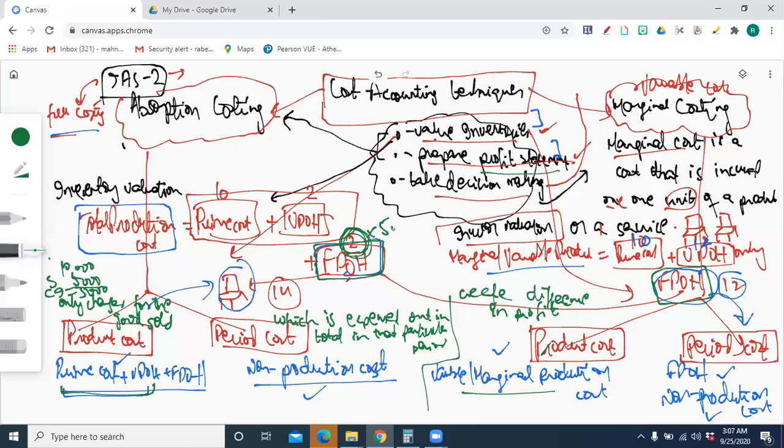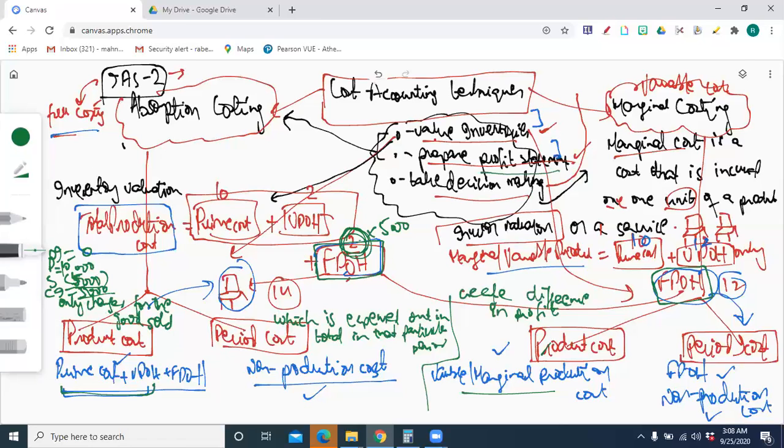And when I say the 5,000 units are still in your inventory, considering opening inventory was 0, you produced 10,000 units but only sold 5,000 of those chairs, and there are still 5,000 chairs sitting in your inventory.